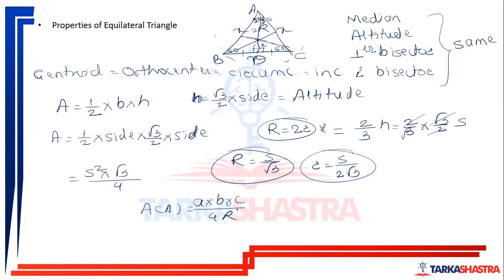Area of a triangle equals ABC divided by 4 into circum radius, and as for in radius, area of a triangle equals R into semi-perimeter of a triangle, where semi-perimeter equals addition of all the three sides of a triangle divided by 2.